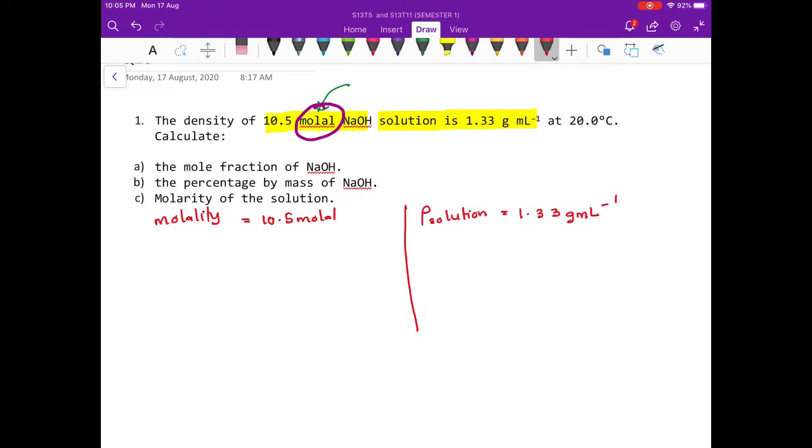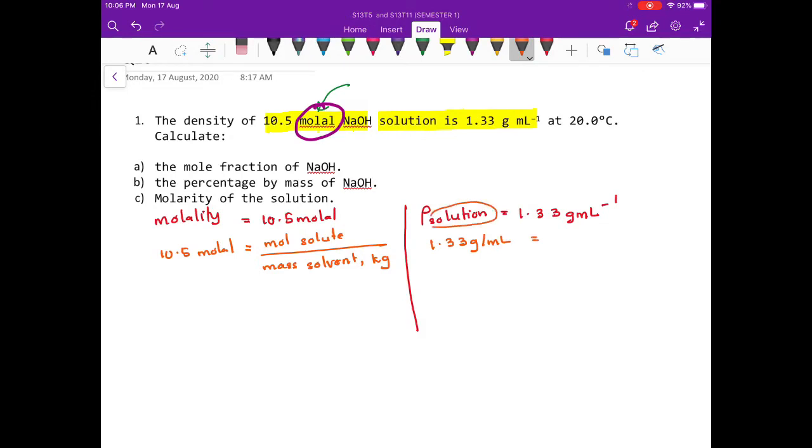Now let's interpret the information given. What does molarity mean? It is mole solute over mass solvent in kg, which is 10.5 molar, while the density is 1.33 gram per ml.